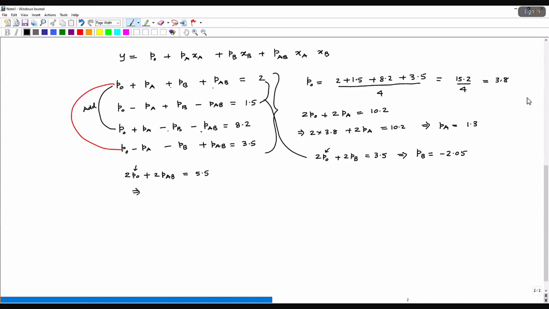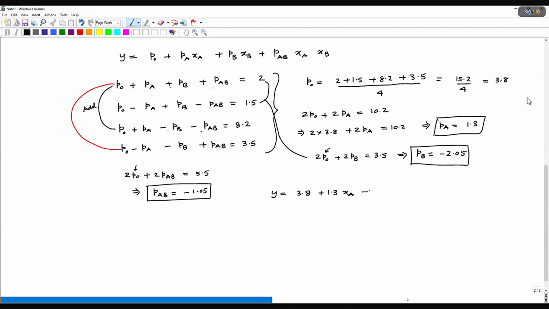Substitute for P0, so you can find PAB is basically minus 1.05. So you have all the regression constants determined. So P0 also you have found 3.8. So you have the equation y equal to 3.8 plus 1.3 xa minus 2.05 xb minus 1.05 xa into xb.